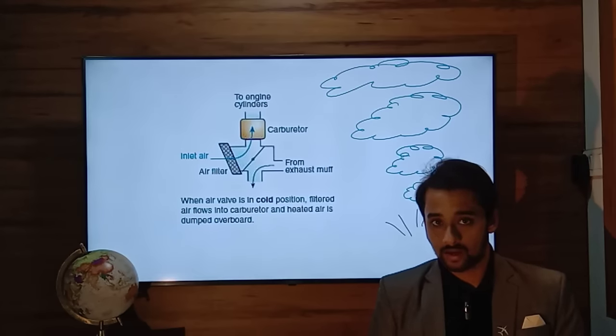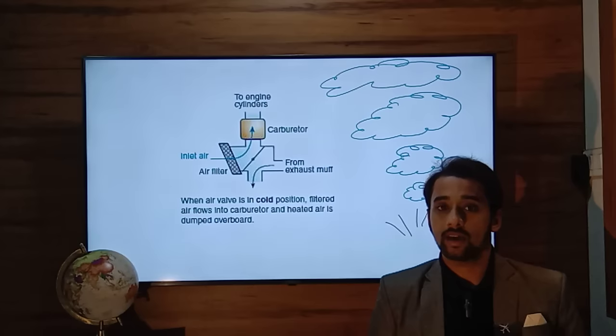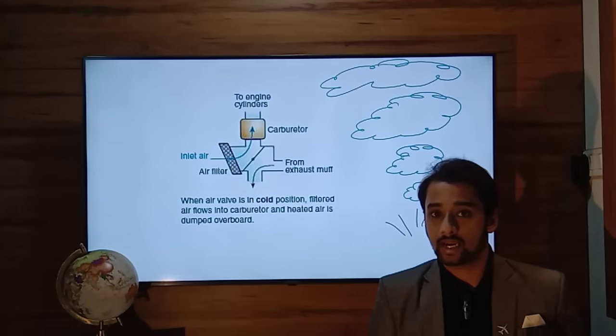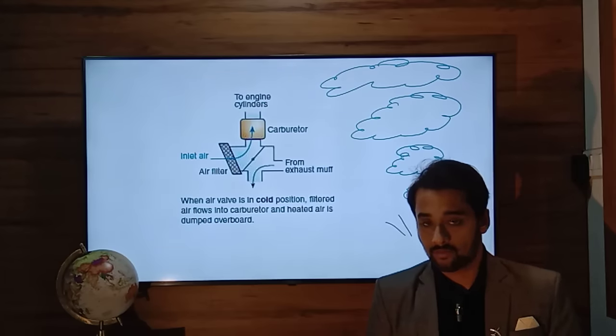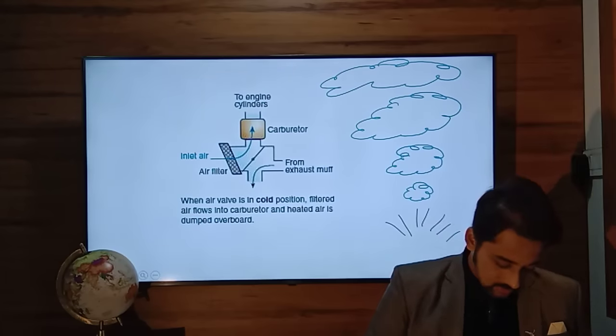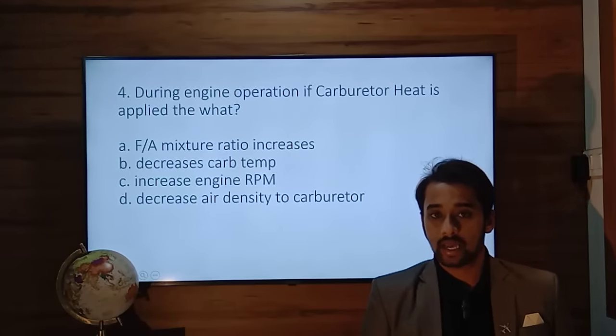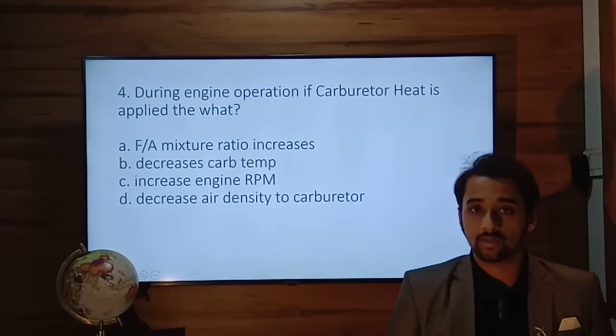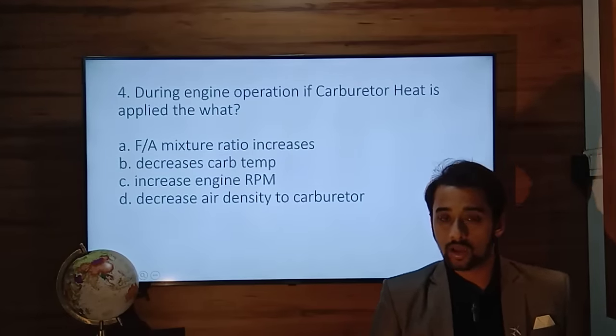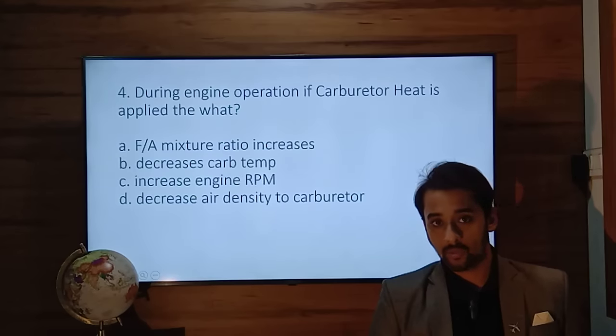So when we have less dense air in the cylinder along with the fuel, the engine will produce less power. We always want high density air entering the engine, so that the power produced by the engine is much more, and the fuel air mixture is burned properly.